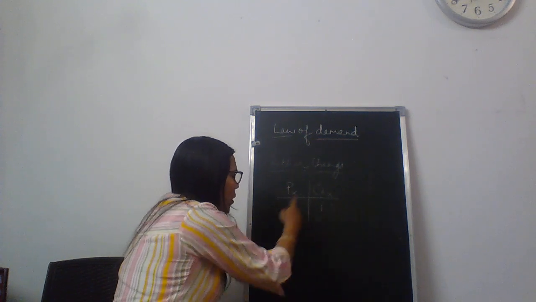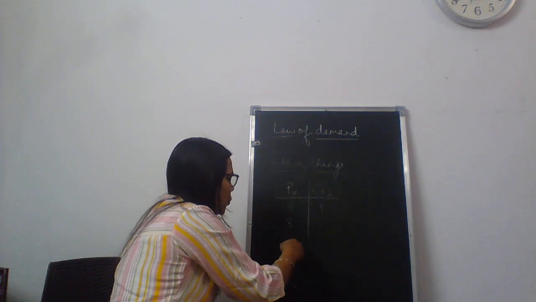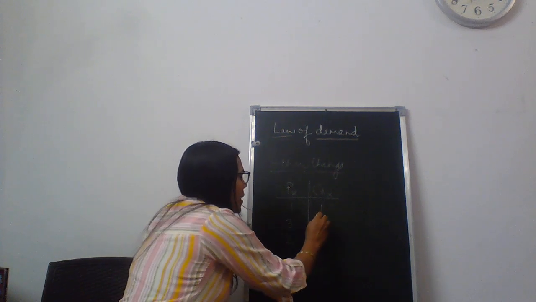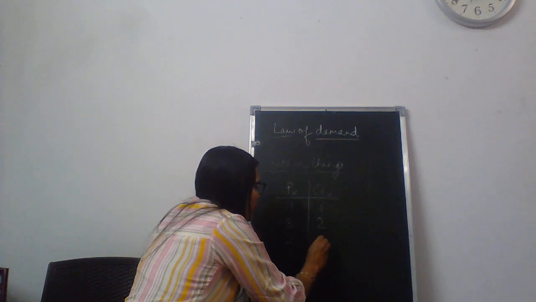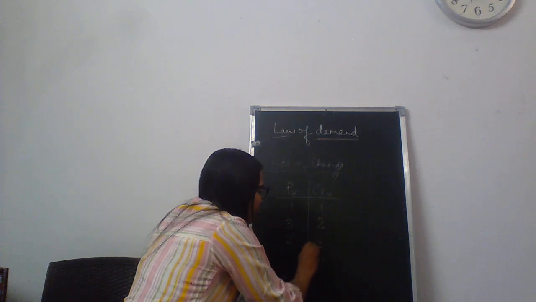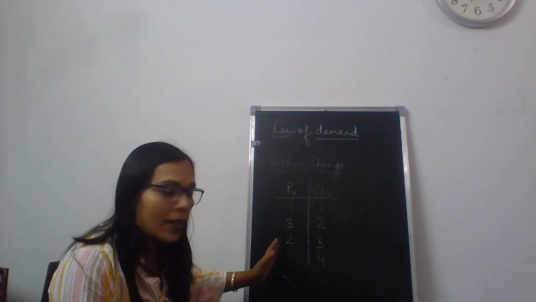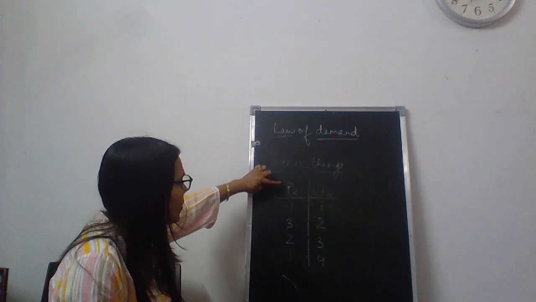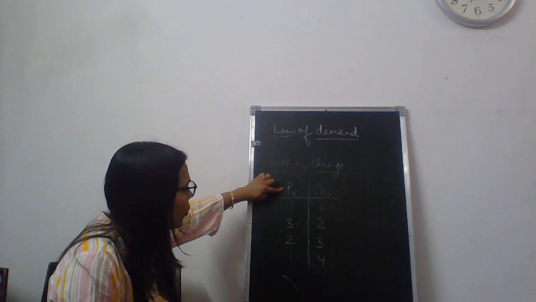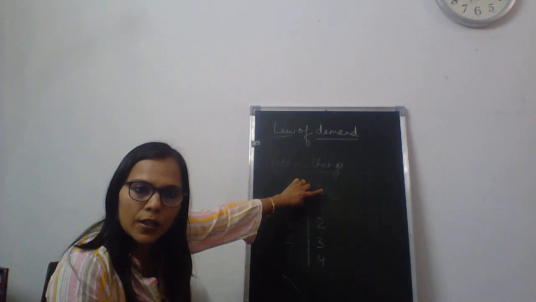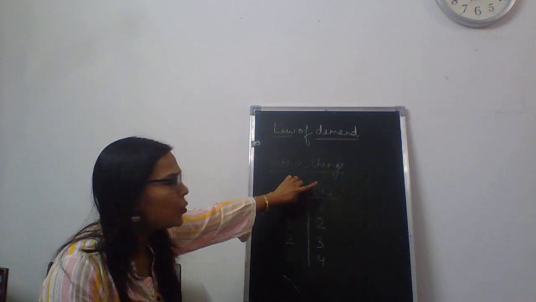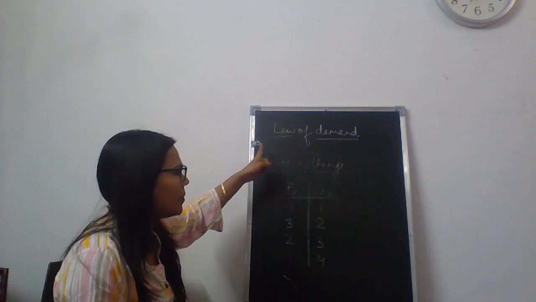When in reverse order, 4, 3, 2, 1, it will be 1, 2, 3 and 4. This is just an example showing inverse relation between price of a commodity and the quantity demanded. So that is the law of demand.